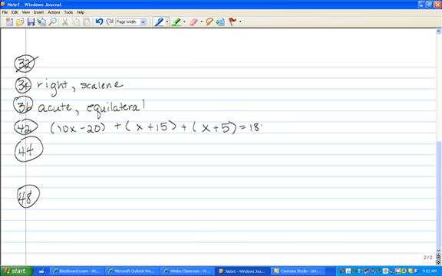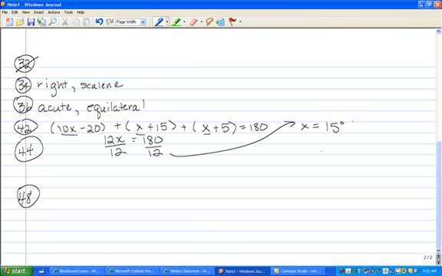And they need to add to 180. So let's add up our x's. It looks like we have 12x. Minus 5 plus 5 is 0. We're going to divide by 12, so x equals 15 degrees, I think.